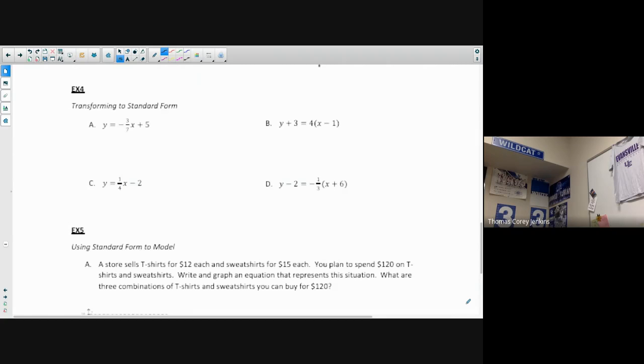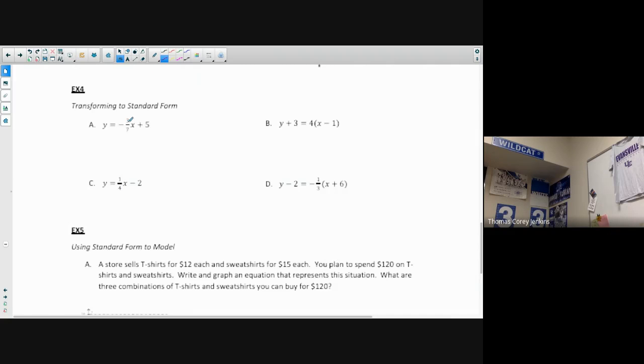All right, so then transforming into standard form. I wouldn't worry a whole lot about these. I'll show 1 or 2 of them, but this is not a main topic. So let me just do A and B real quick. The key on these is that you can't have a fraction, so that's what's going to throw you off.